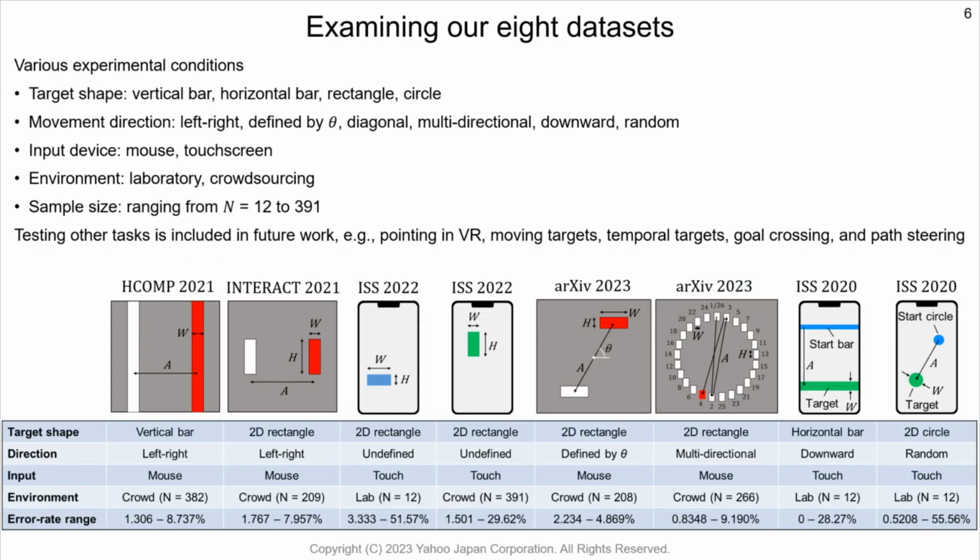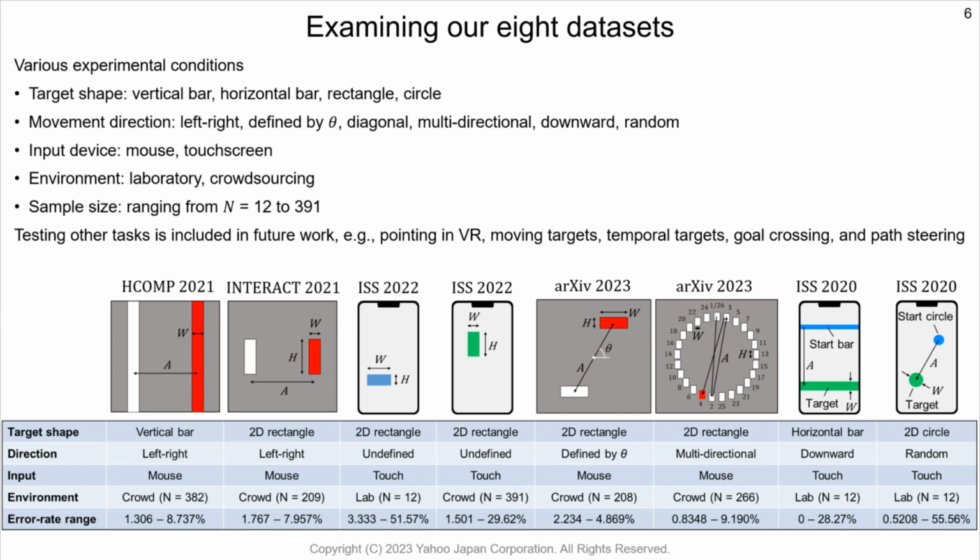We compared the two methods with our 8 datasets previously published. We want to strengthen our claim that the ER-based method robustly outperforms the SD-based method within the context of the most general case of target pointing, static target acquisition.